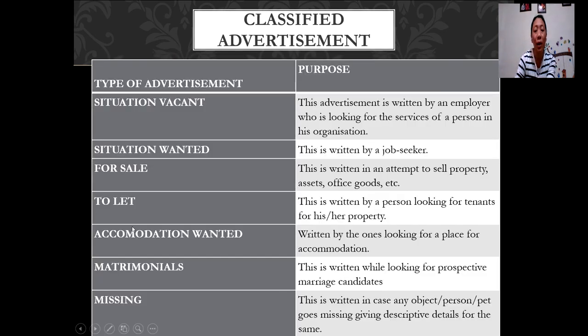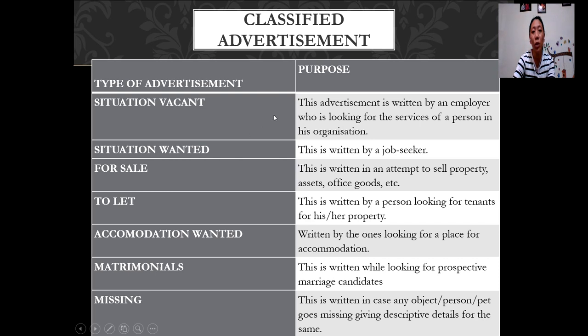Next one, now classified advertisements can be written for these purposes. The first one is situation vacant. So you can use this caption when you are writing or drafting an advertisement to employ someone to work for you.